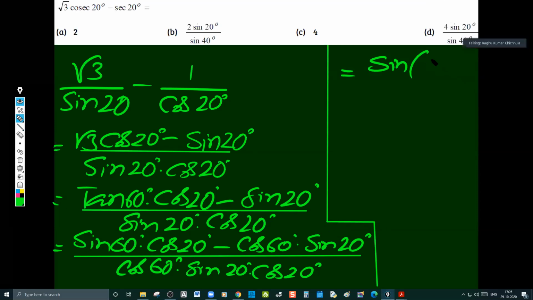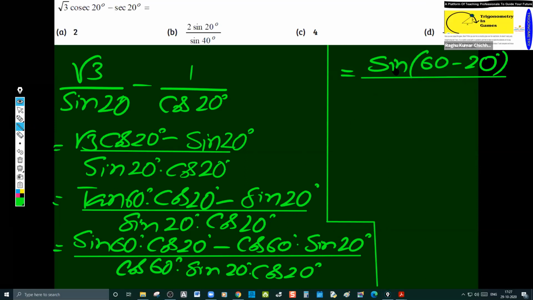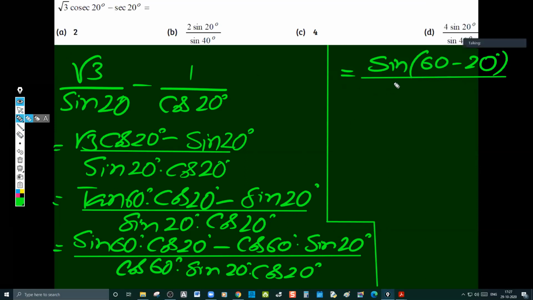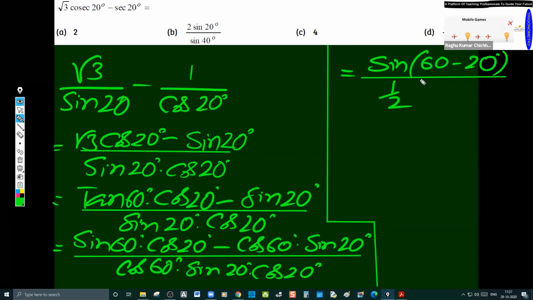Yes, sir. Whole divided by. What is cos 60 value? So cos 60 is 1 by 2. And what I'm doing, I'm multiplying sine 20 cos 20 with the 2 and dividing with 2.